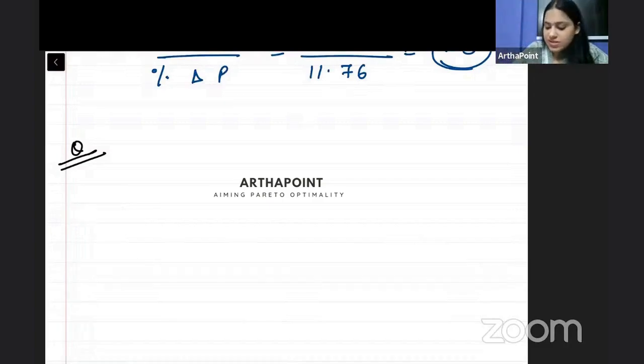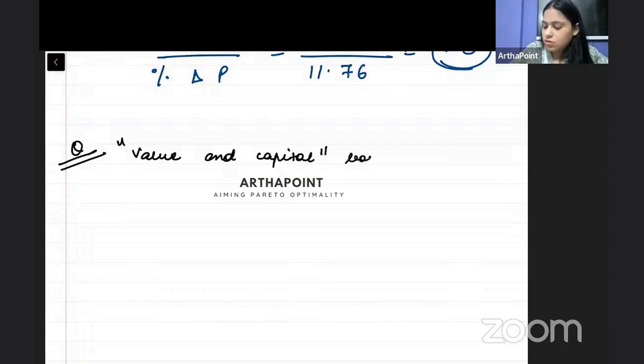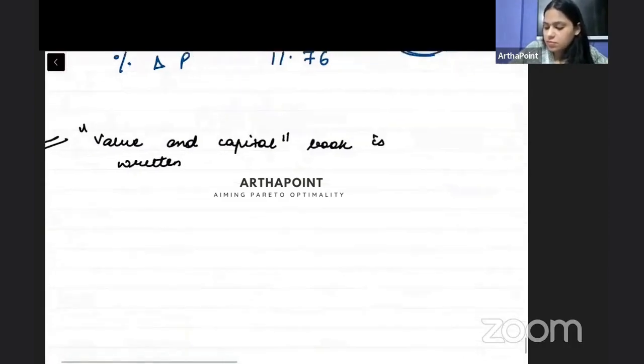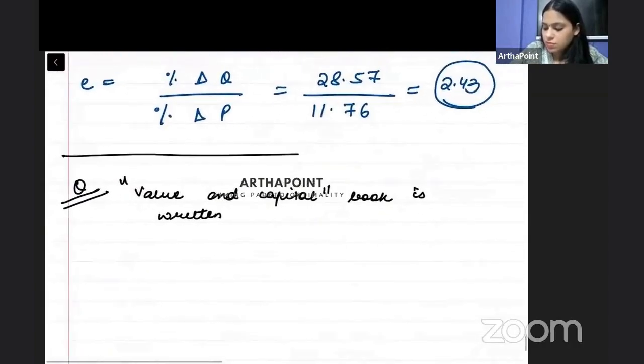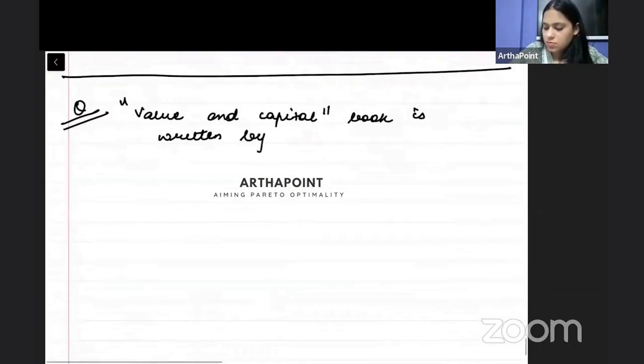Take the first question for test number 3. I am starting with the topic of indifference curve now. Write down the question. Value and Capital book is written by option number A, Marshall.